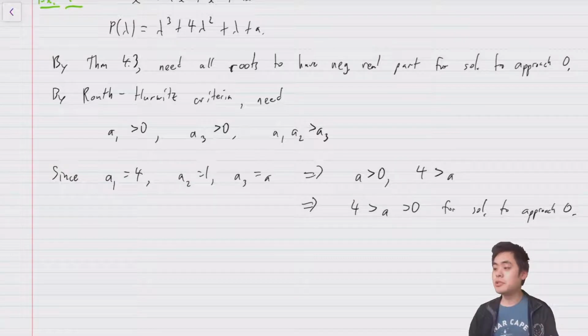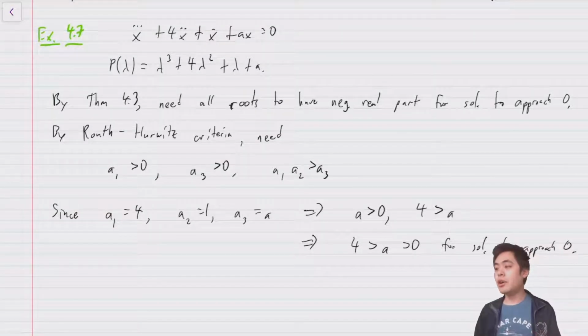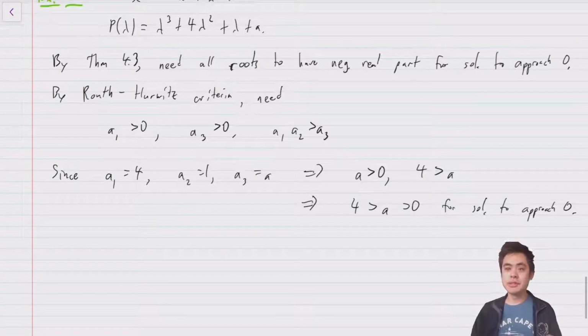So this is how you can apply the Routh-Hurwitz criteria. It lets you quickly check, especially given some parameter in the coefficients of your ODE, whether or not all the solutions approach 0 as t goes to infinity.